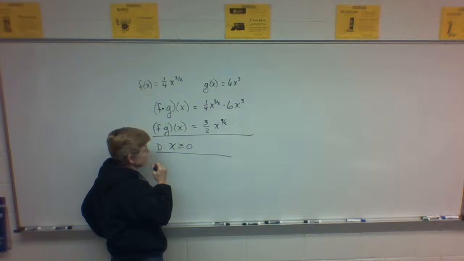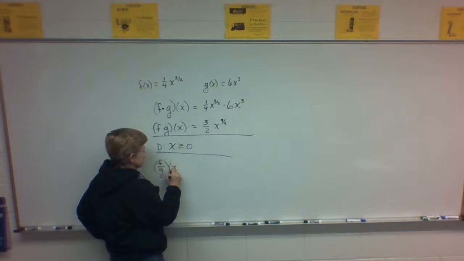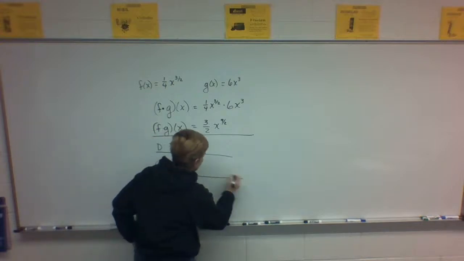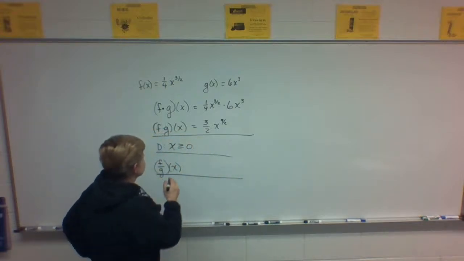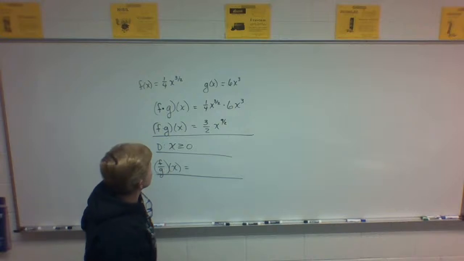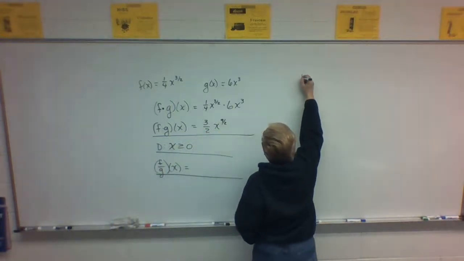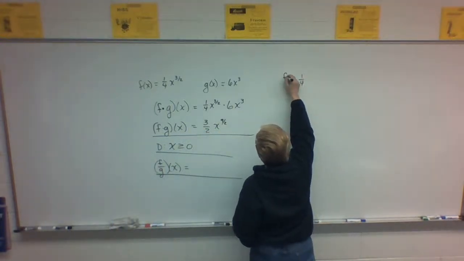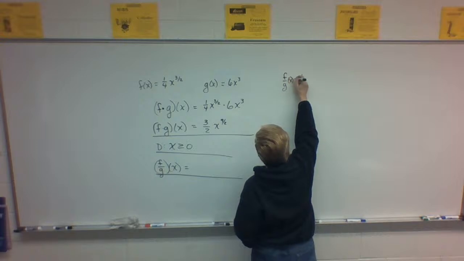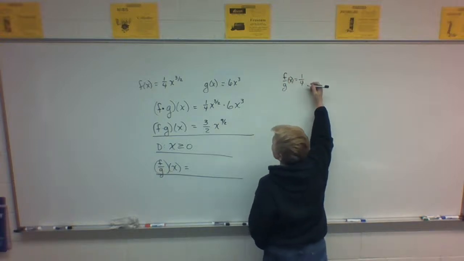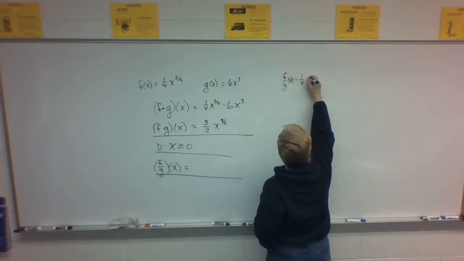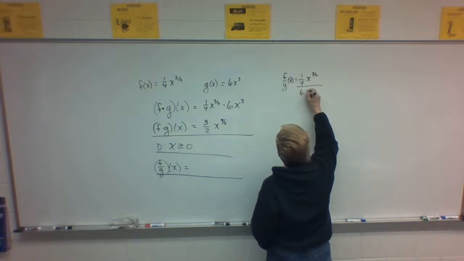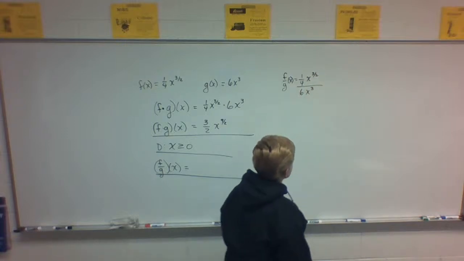You see that? Okay. And the next blank will say f over g of x. So I need to find that. So I take f, which is 1/4. Well, f over g of x is going to be 1/4 x to the 3/2 over 6x to the 3.